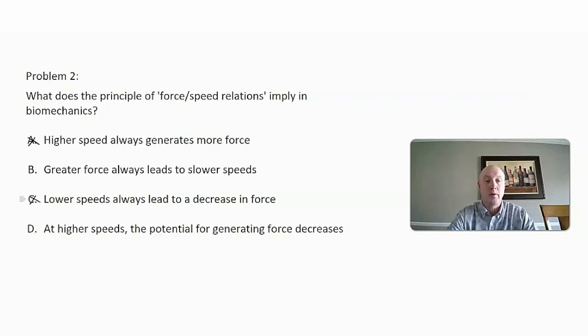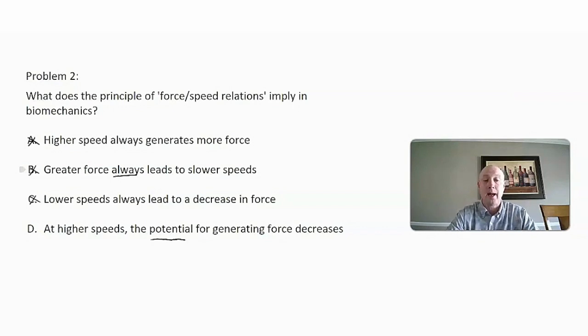Choice B says greater force always leads to slower speeds. And choice D says at higher speeds, the potential for generating force decreases. Here, I think we're looking at the term potential to give us the correct answer. Even though that is an inverse relationship, that term always, I don't like in there.